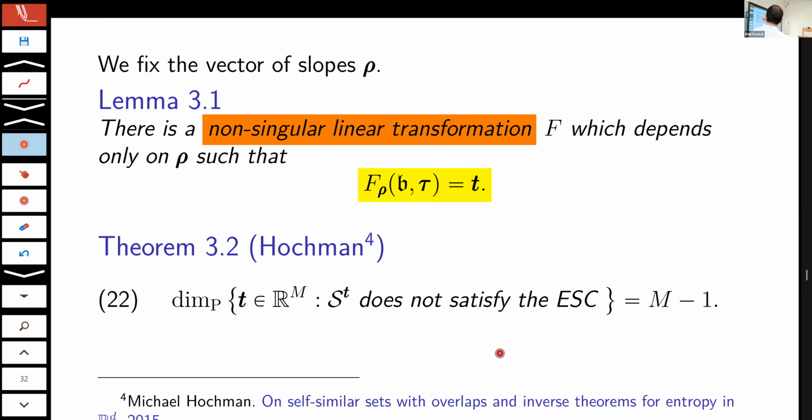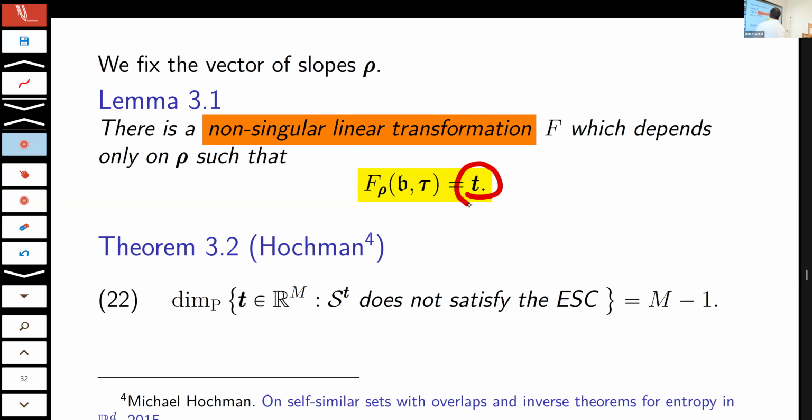We fix the vector of slopes. And for a fixed vector of slopes, there is a non-singular linear transformation depending only on the slopes that sends the horizontal and vertical translation parameters of the piecewise affine systems, the taus and the breaking points, into the translation parameters of the generated self-similar system.